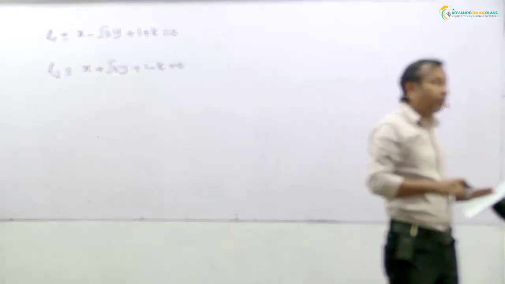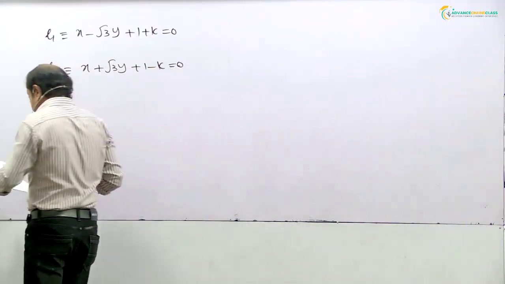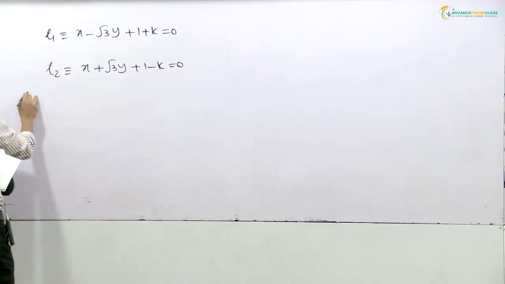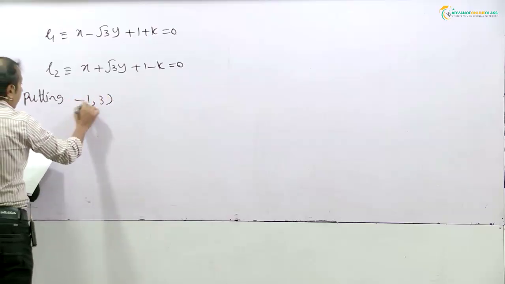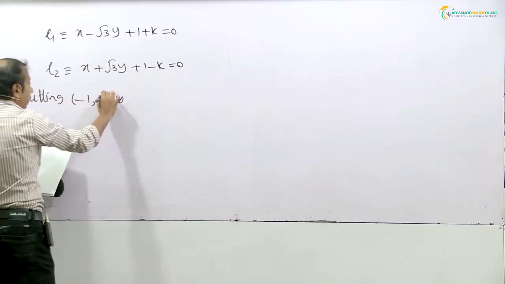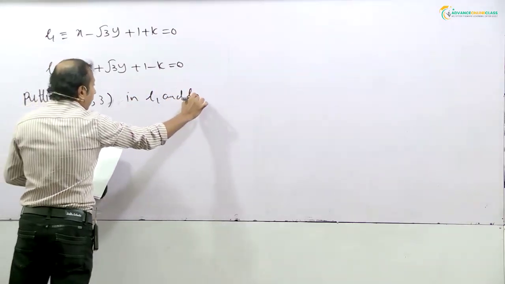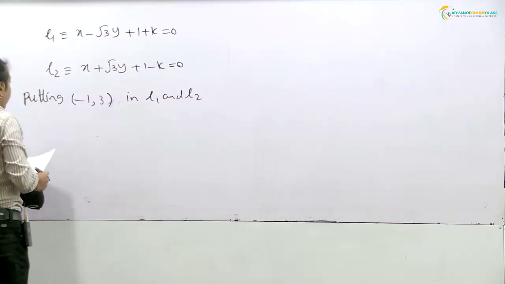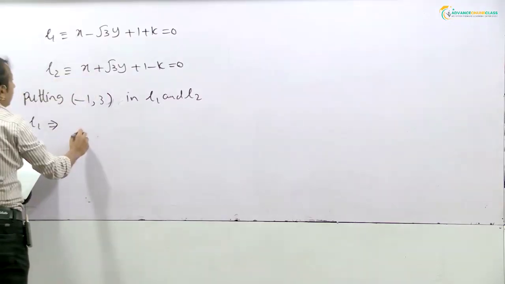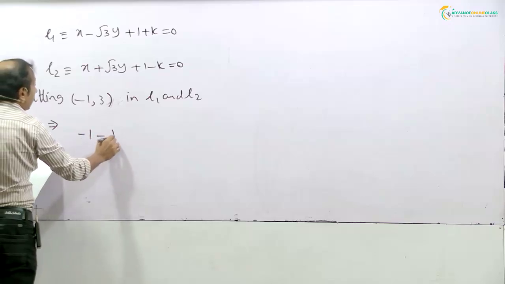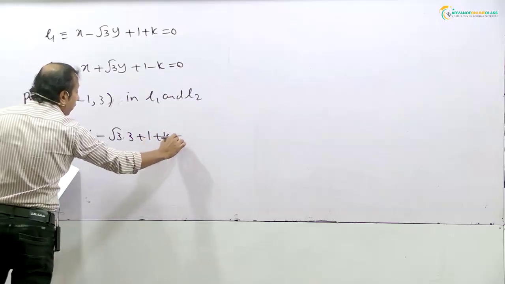Therefore, (-1, 3) should satisfy this. No? Right. Put in (-1, 3) in L1 and L2. All right. L1, what do you get? Here x is -1, root 3 into 3, plus 1 plus k equals 0.